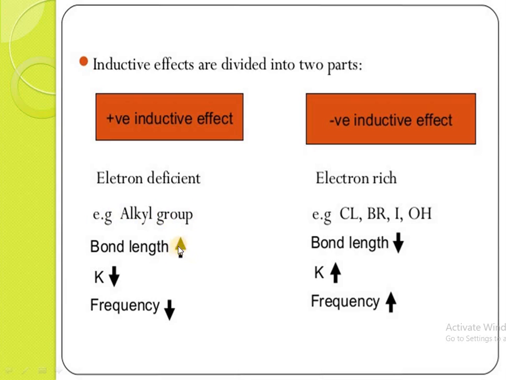When bond length increases, then the force constant and frequency will decrease. Similarly, groups with negative inductive effect will decrease bond length, and then the force constant and frequency will have the opposite effect, that is, they will increase.